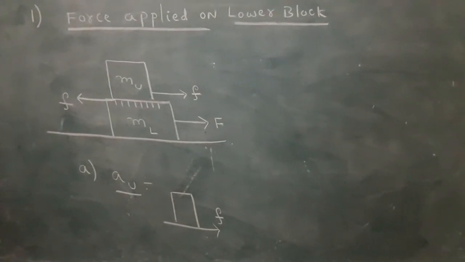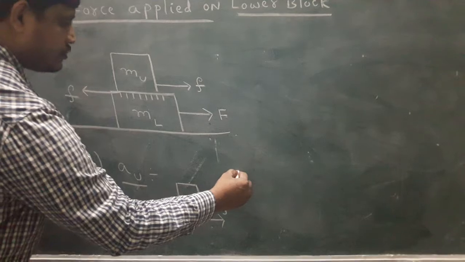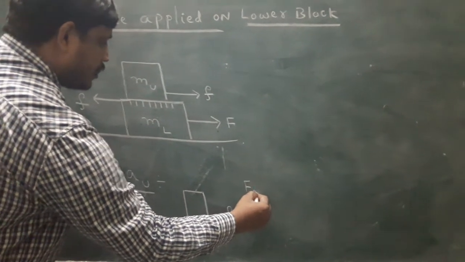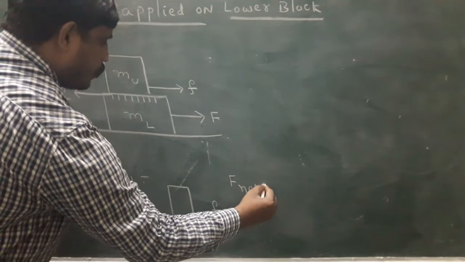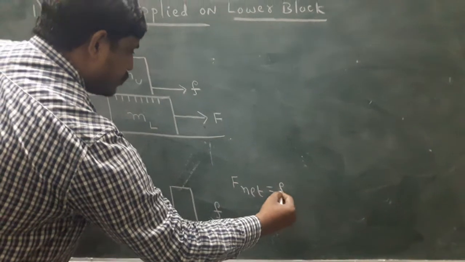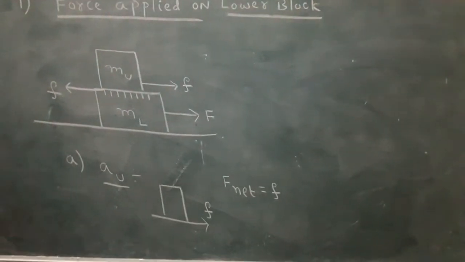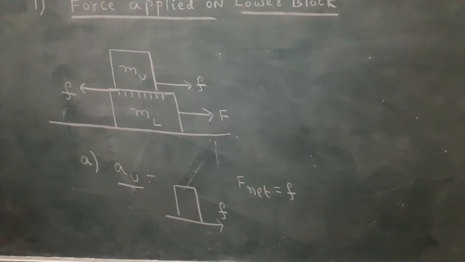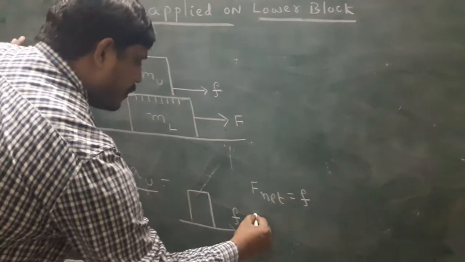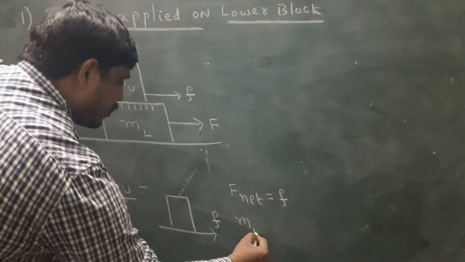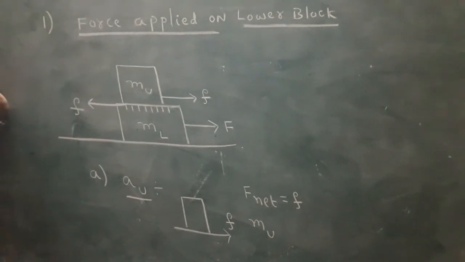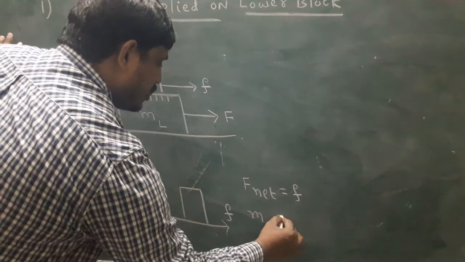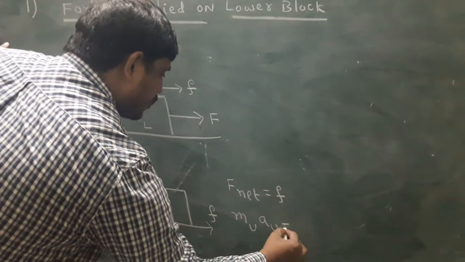What is the net force on the upper block? Only a single force, the frictional force. Newton's second law, F equal to ma. Upper block, mass of the upper block, acceleration of the upper block.